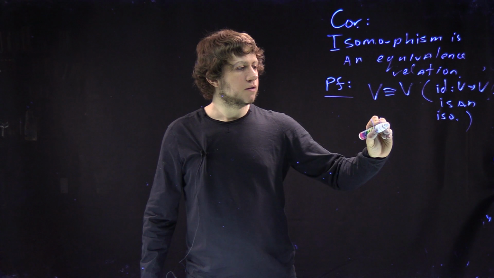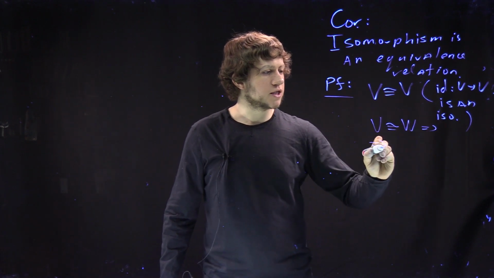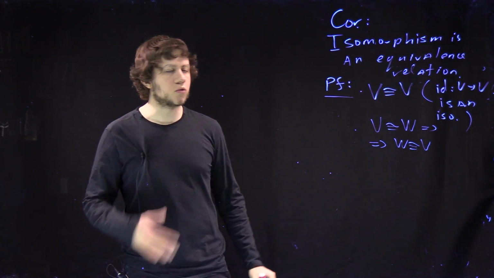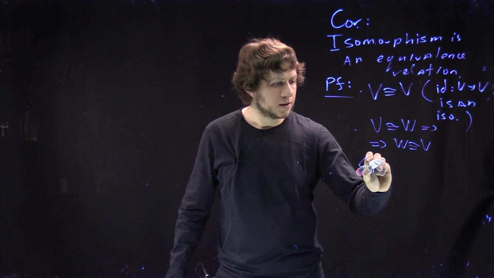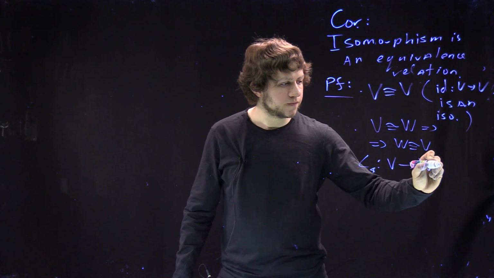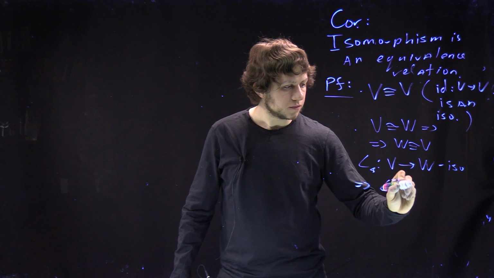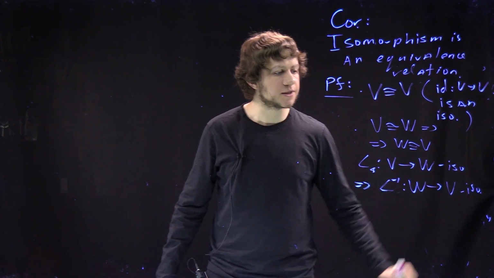So if V is isomorphic to W, then W is isomorphic to V. That's the second property, and it also follows from the previous fact, because if L from V to W is an isomorphism, then L inverse from W to V is also an isomorphism, as we discussed.